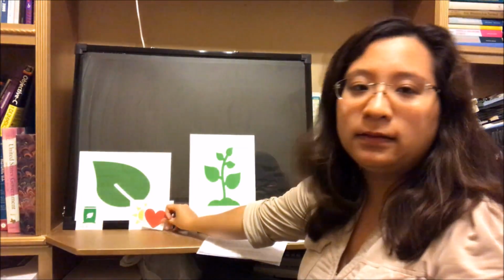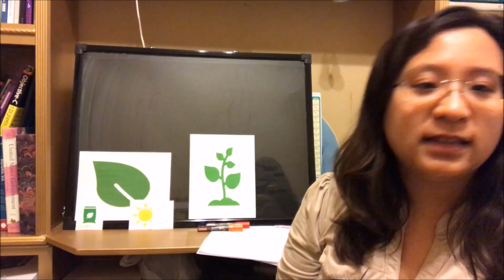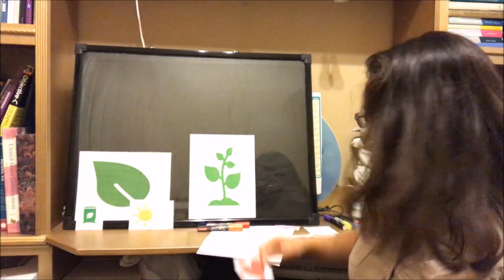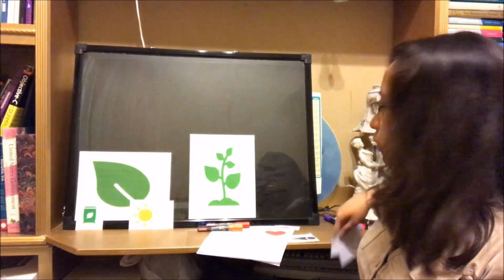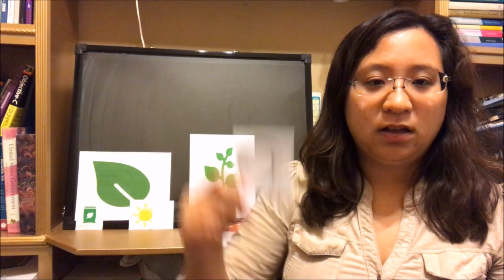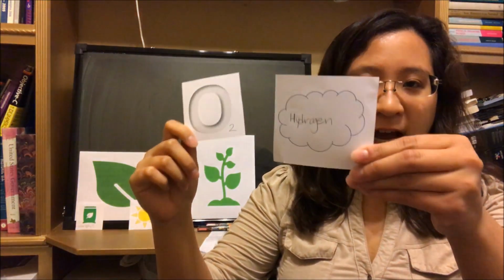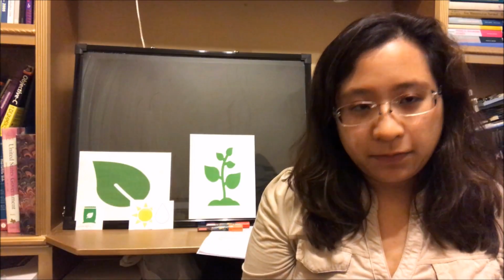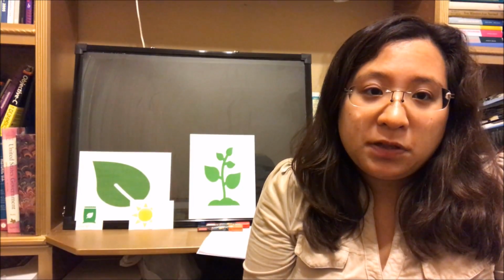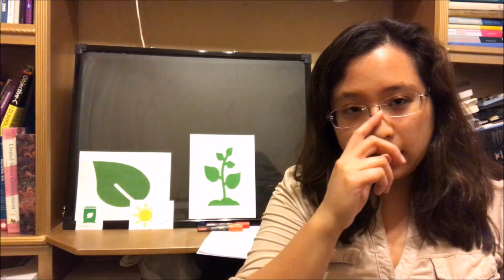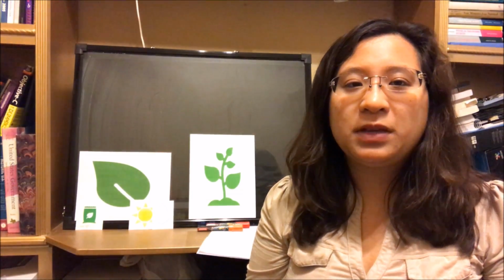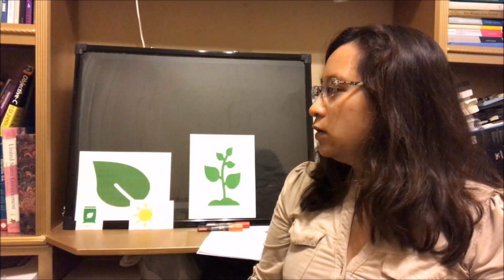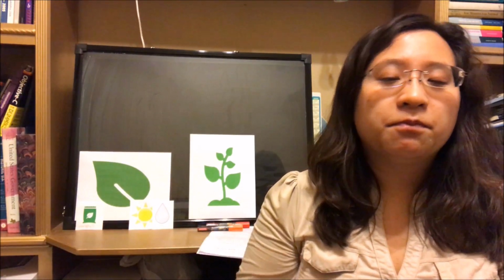And so from this lovely union between the Sun and Water, they have two children, Oxygen and Hydrogen. Now, the first of these two children, Oxygen, thought that the leaf was a nice place, but he wasn't exactly very fond of staying there. He felt a little trapped.